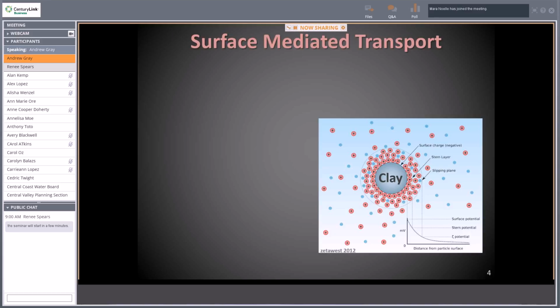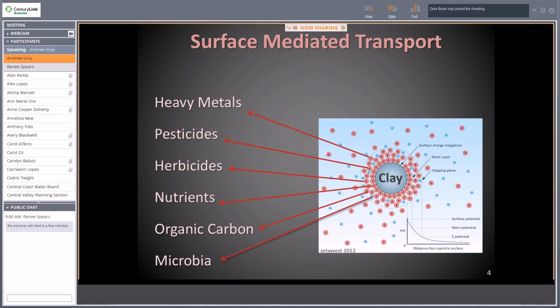And this leads to the fact that fine suspended sediments are really responsible for transporting a number of surface-associated contaminants and fluvial constituents through rivers and streams and to our coasts, including heavy metals, pesticides, herbicides, some nutrients, organic carbon, and much of the microbiota as well.